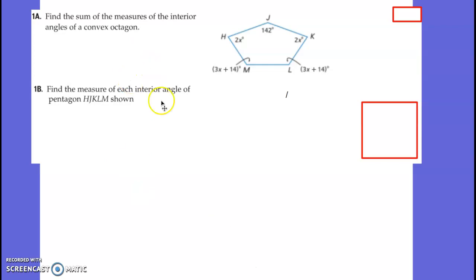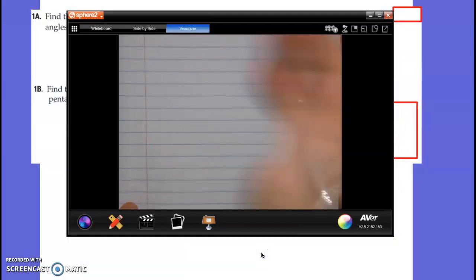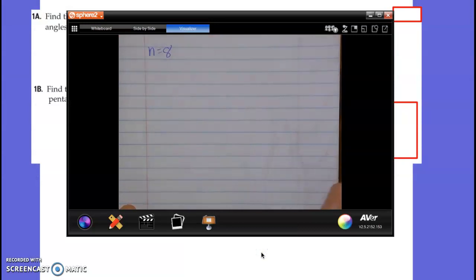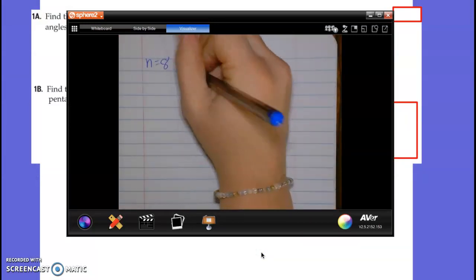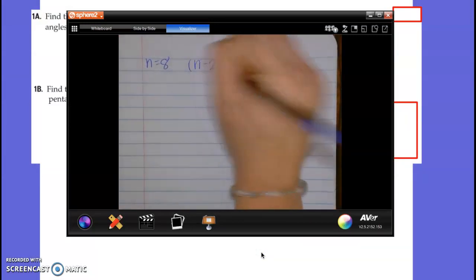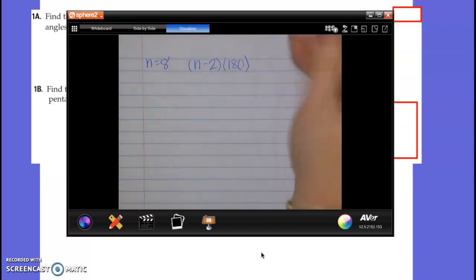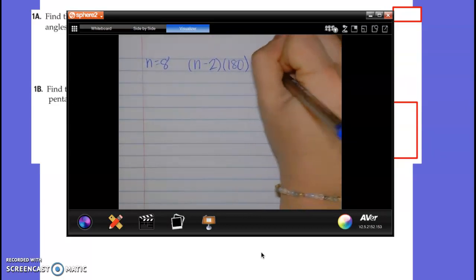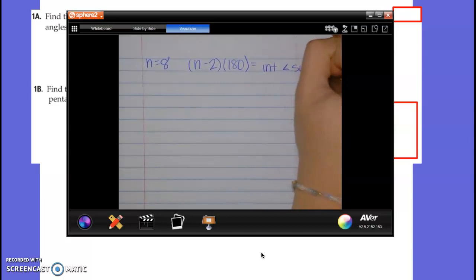The next example, we want to find the sum of the measures of the interior angles of a convex octagon. An octagon has 8 sides, so n would equal 8. We're going to write our equation, so n minus 2 multiplied by 180 always gives us the interior angle sum.